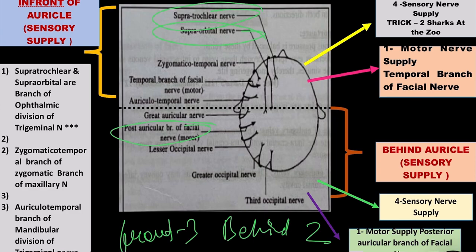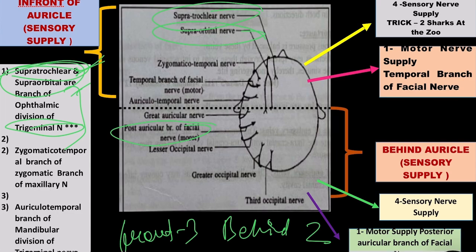So let's see what the sensory supply and the motor supply are. When we talk about the sensory supply, I have already mentioned that supratrochlear and supraorbital are branches of the ophthalmic division of the trigeminal nerve. The trigeminal nerve has 3 divisions, in which the ophthalmic division again has 2 branches, that is supratrochlear and supraorbital.